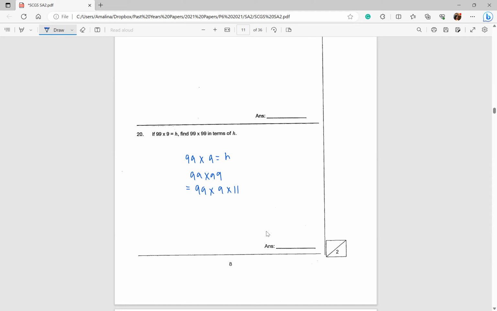I'm trying to find a way to fit in the 99 times 9 inside this expression. So 99 times 9 is your H. You times this by your 11. So you get your answer, 11H. Okay, so that's the answer for question number 20.